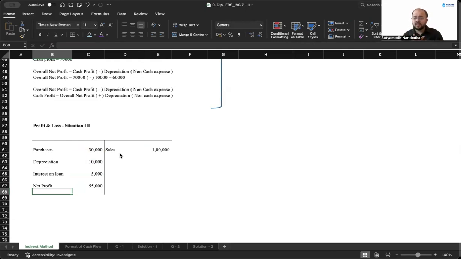Salary, purchases, rent, stationery, all of this. Interest is an amount I pay to the bank when I take a loan from the bank. So this is an outcome of the financing activity, not of your day-to-day running of business. So the 5,000 of interest that we have subtracted is a non-operating expense.